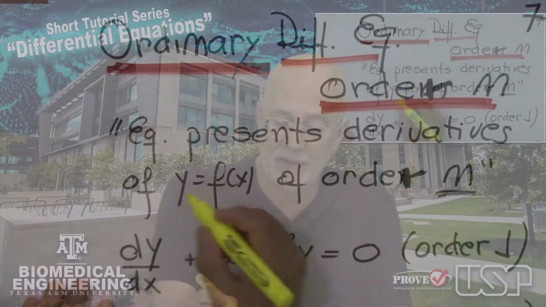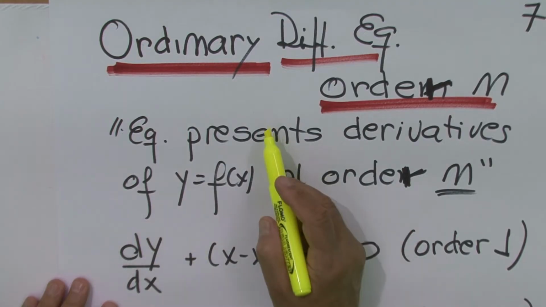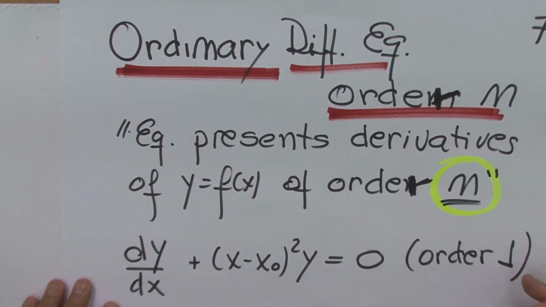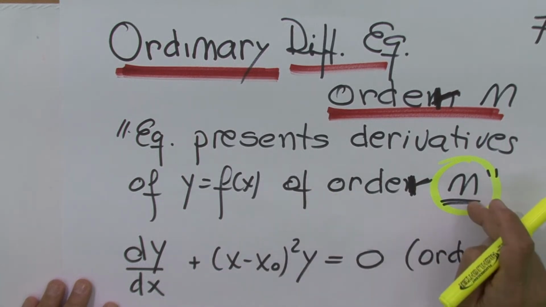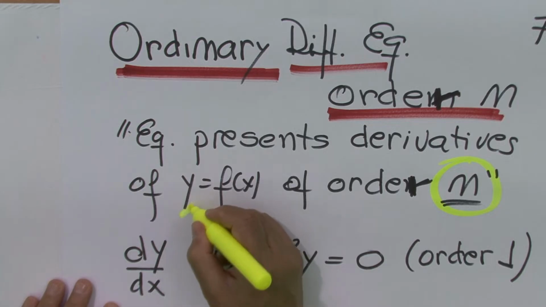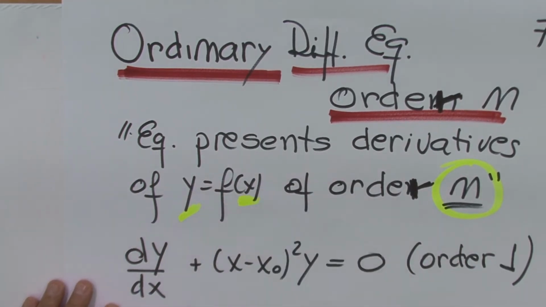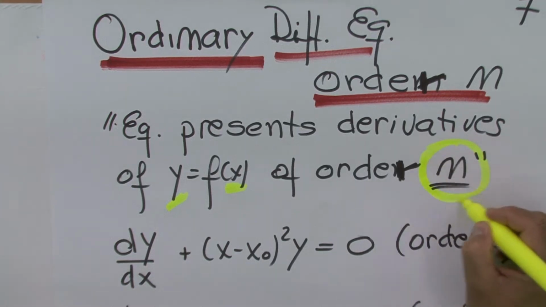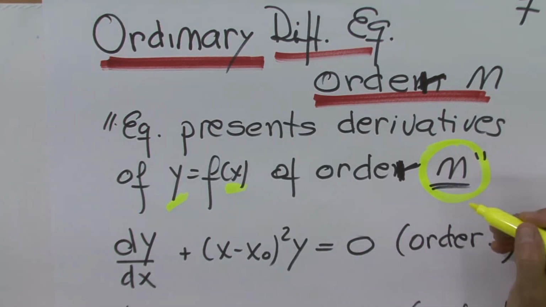So when we say that there is an ordinary differential equation of order n, we must have somewhere a derivative of order n of the function with respect to the variable. Okay? So those are defined as different orders of the differential equation.